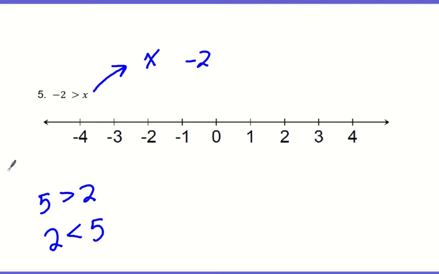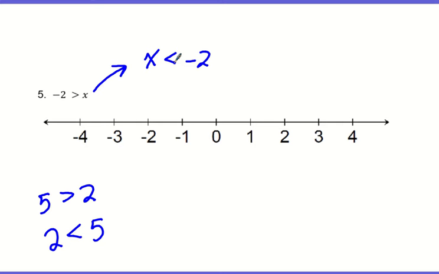And so anyway, it's probably better, arguably, but my strong opinion, to always have the variable be spoken first on the left side. So I'm going to rewrite this statement, negative 2 is greater than x. I'm going to rewrite it as x is less than negative 2.